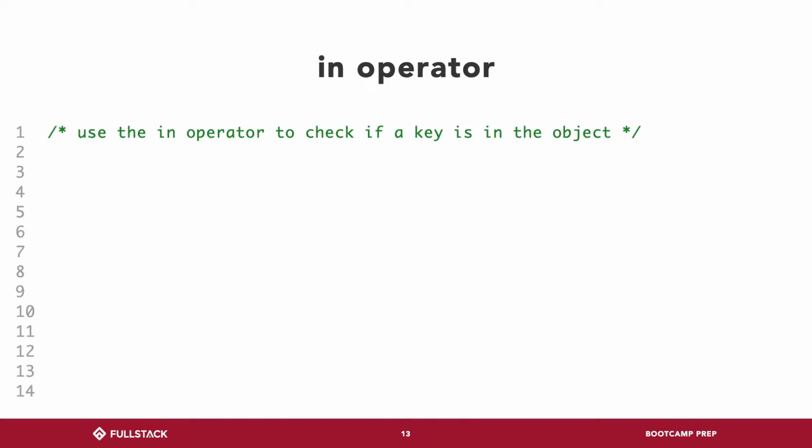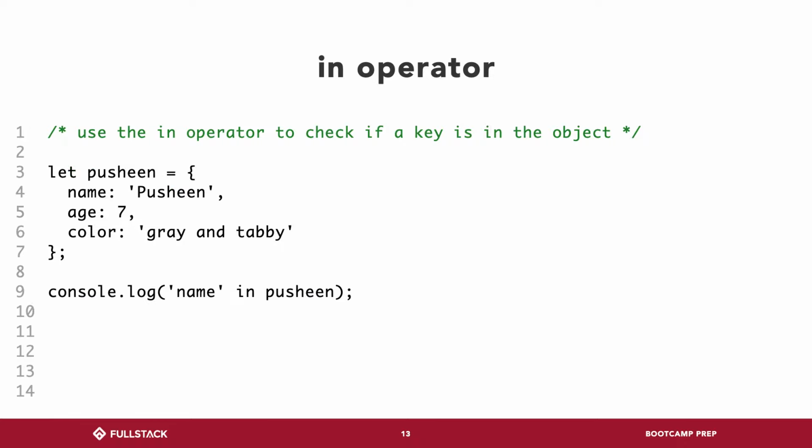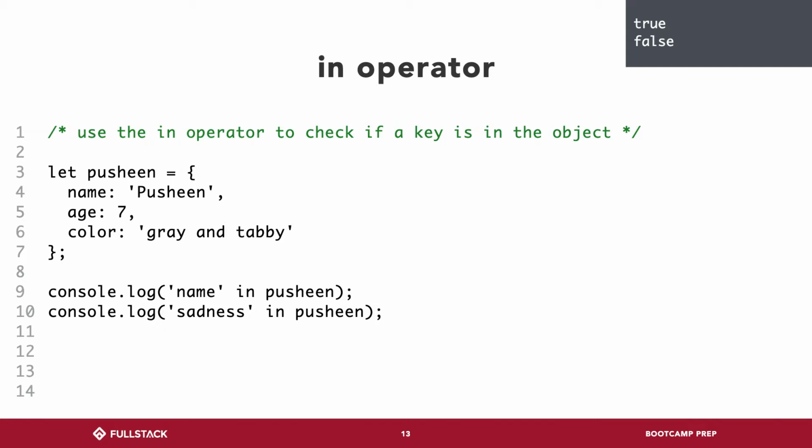Now let's talk about the in operator, which I showed you. Use the in operator to check if a key is in the object. Console.log, string name in pusheen, sadness in pusheen: true, false. Here you have to use strings or variables, because this is not like dot notation, not like accessing things. This is an actual operation, like a plus.